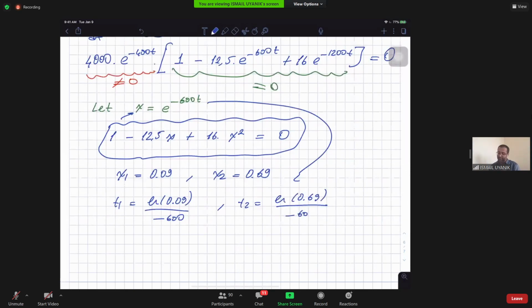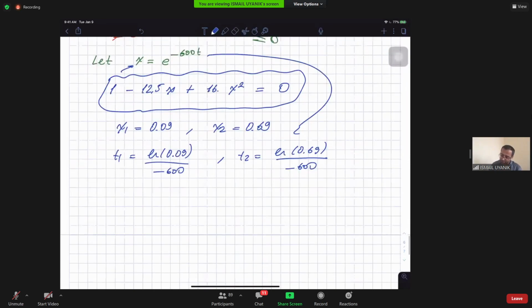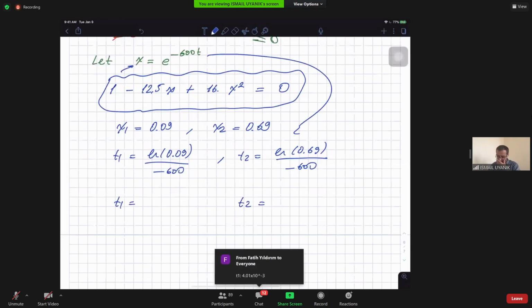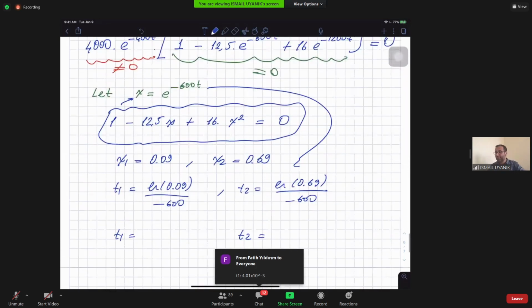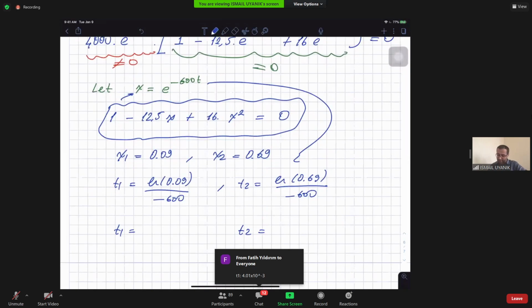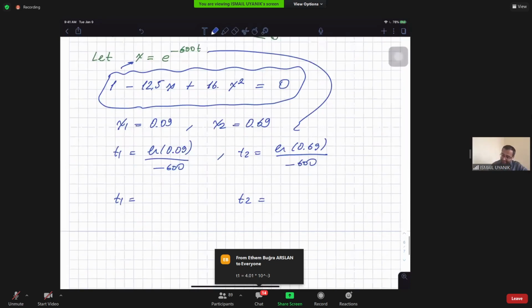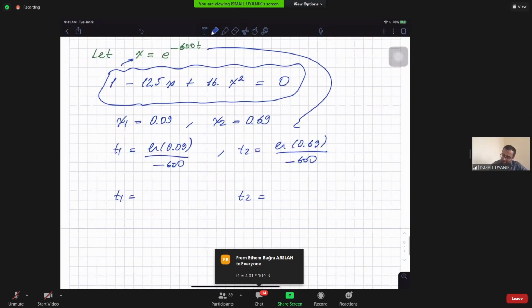And now I need these numbers, T1 and T2. Can you calculate these? T1 is 4 milliseconds. Yes. Okay, T2?